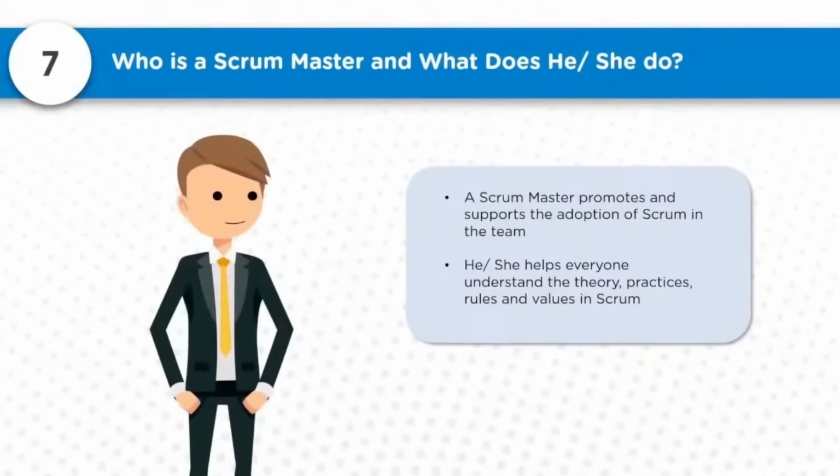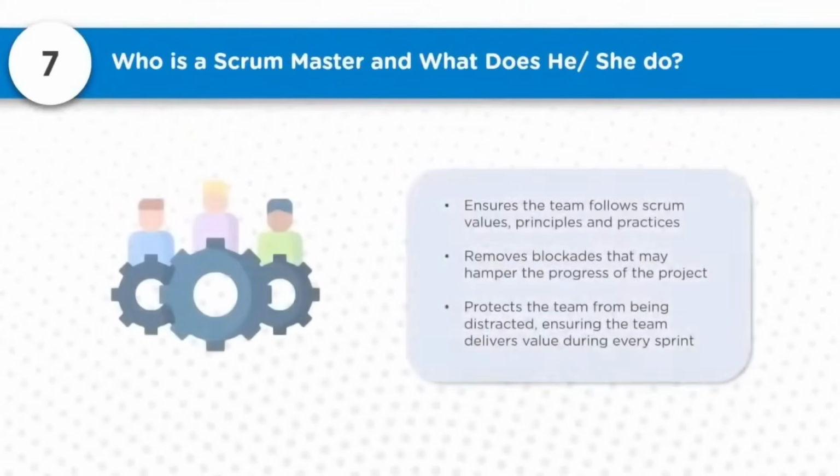The Scrum Master helps everyone to understand the theory, practices, rules and values in Scrum. So the Scrum Master plays the role of facilitation and enablement, right? The Scrum Master ensures the team follows Scrum values, principles and practices, removes blockages that may hamper the progress of the project, and protects the team from being distracted, ensuring the team delivers value during every sprint.